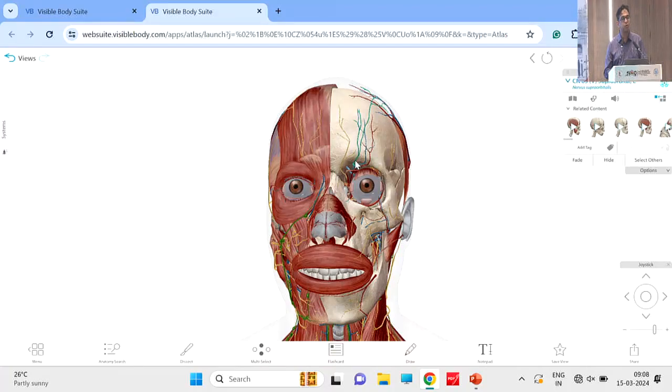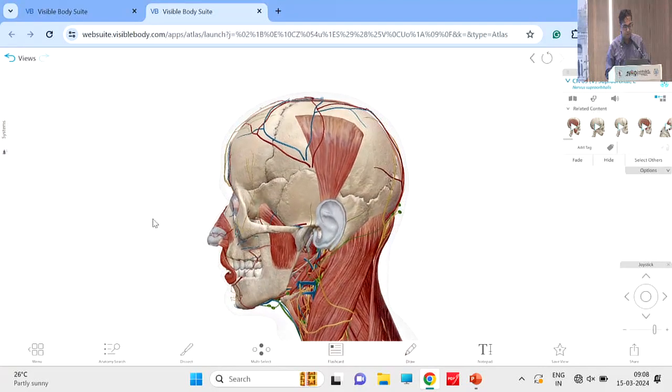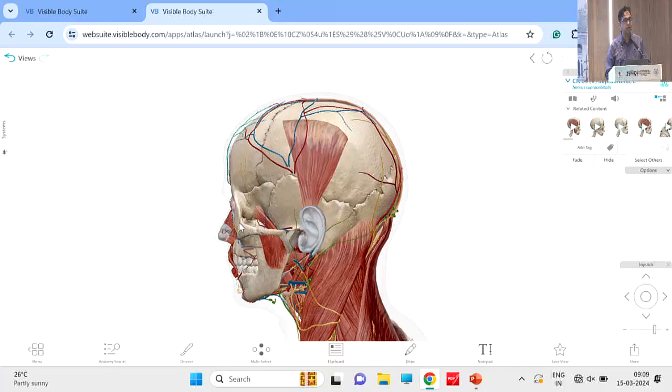Here the supraorbital nerve lies on the surface of a ridge or arises from a foramen called the supraorbital foramen. The infraorbital nerve arises from a foramen called the infraorbital foramen. The zygomatic-temporal nerve is on the lateral part of the temporal bone on the posterior orbital lip, just here.